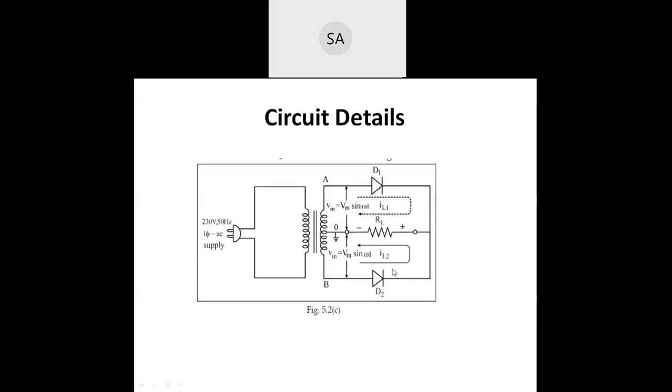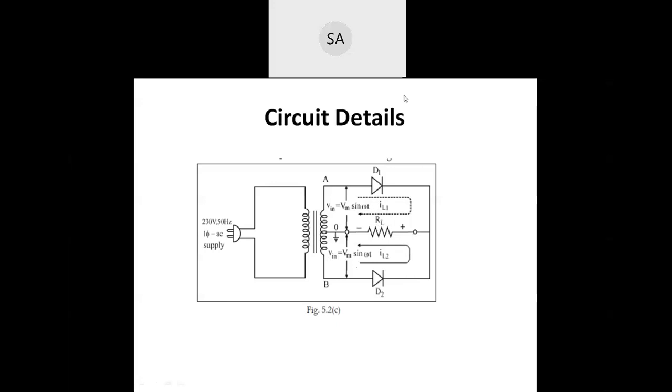But when D2 is forward biased during the negative half cycle, the current will flow in the clockwise direction through RL, D2 and the lower part of the secondary winding. So this is a closed path. The current will be flowing in the reverse direction of the first cycle.